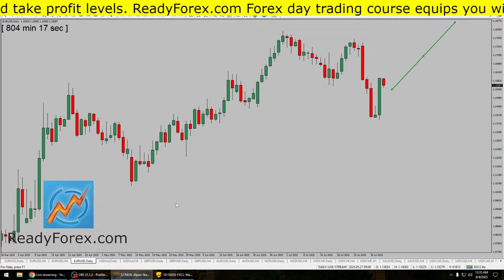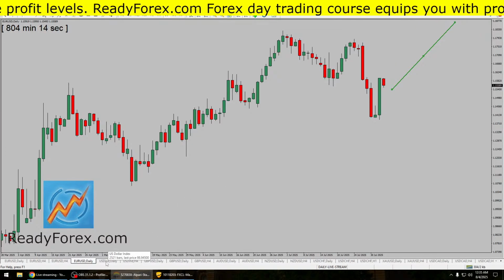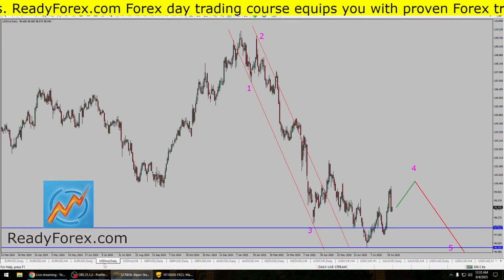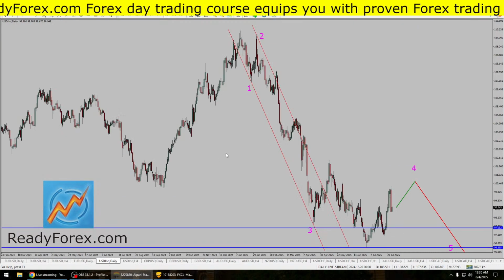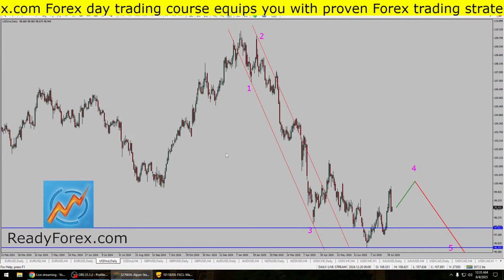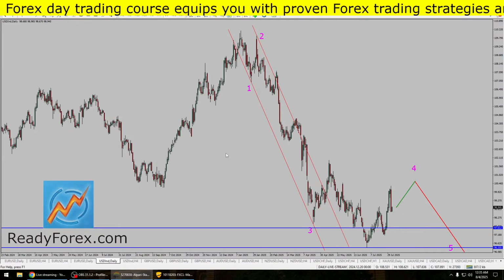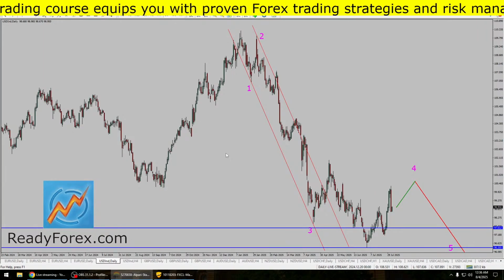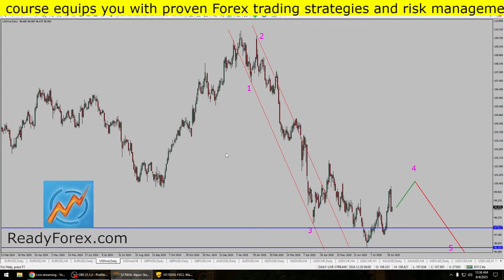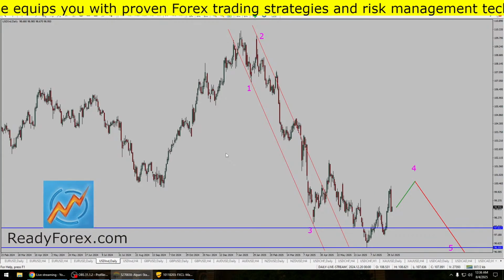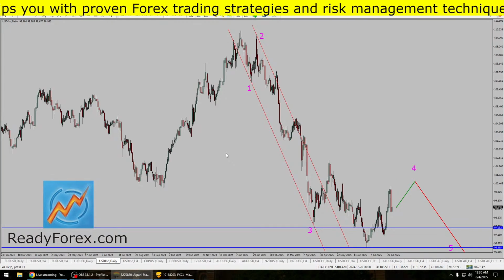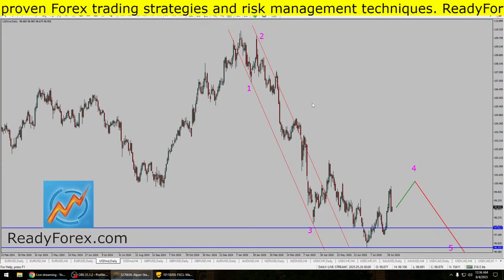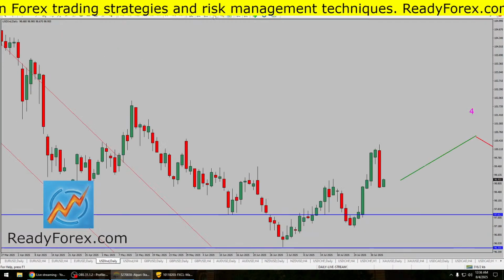Now let us take a look at what's going on inside US dollar, the DX. Over here the DX, we got this big washout to the downside. This will mean evening star.